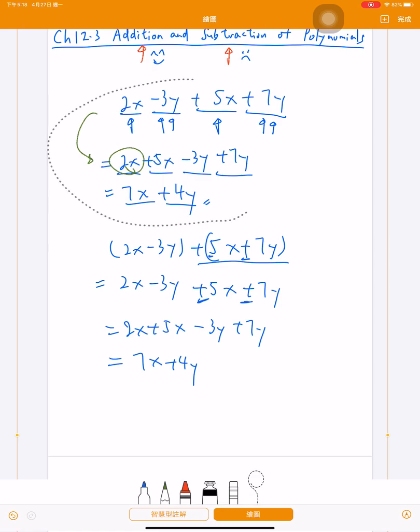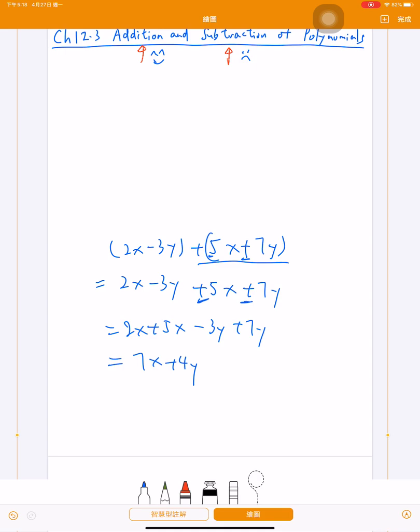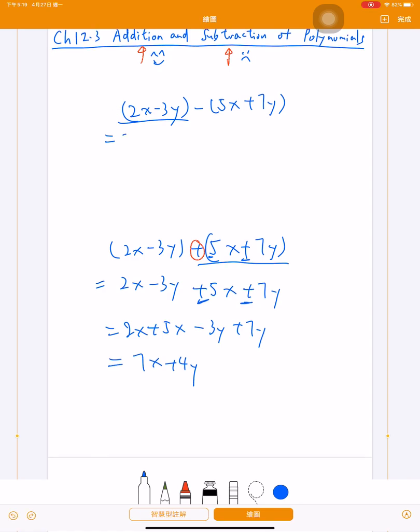But now when this side become a minus, what will the question be like? For example, this one become a minus 5x plus 7y. Then after we remove the brackets, for example, the first term, this one in fact is a positive, so we can just remove the brackets directly again.